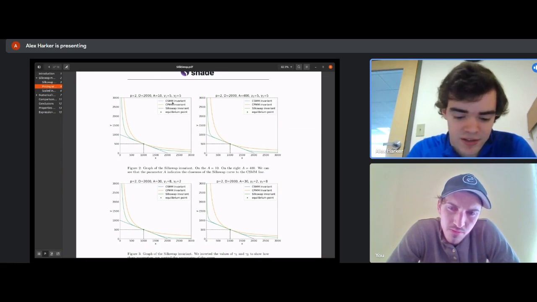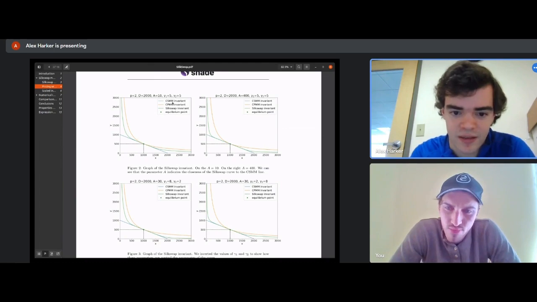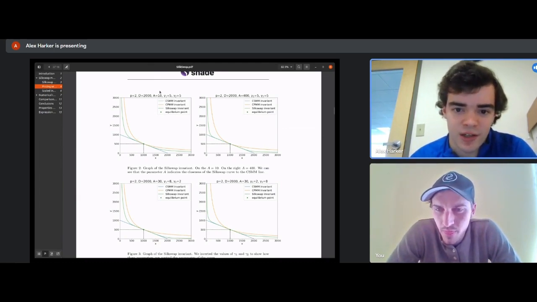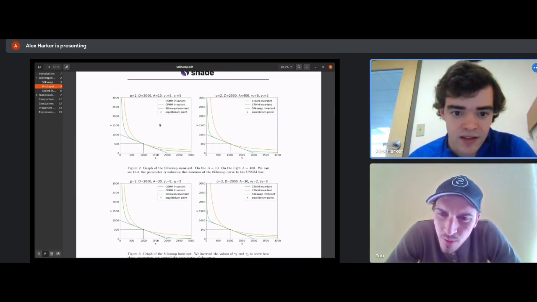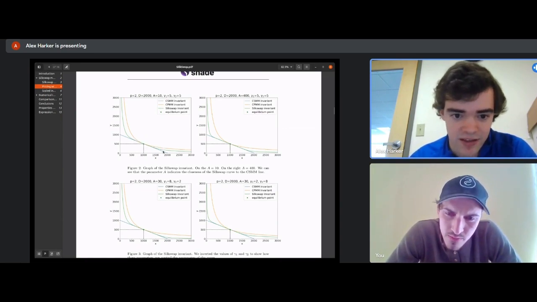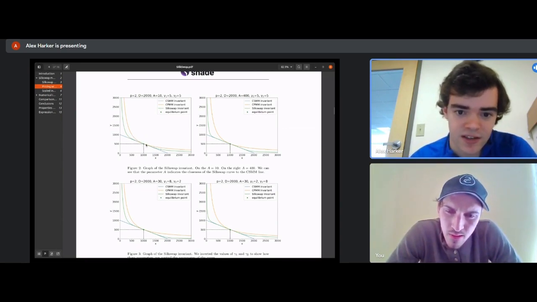Parameter A essentially determines how wide of a section of the curve maps onto constant sum closely. So a small parameter A is shown in this left graph here. And so you have a narrow section of the green line, the SilkSwap invariant, that's similar to the constant sum.